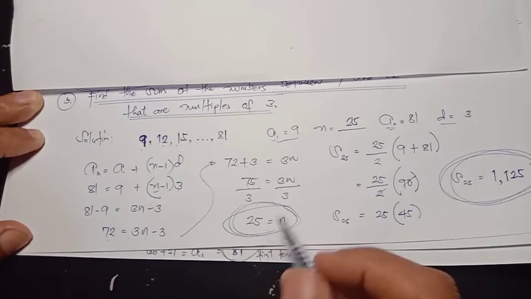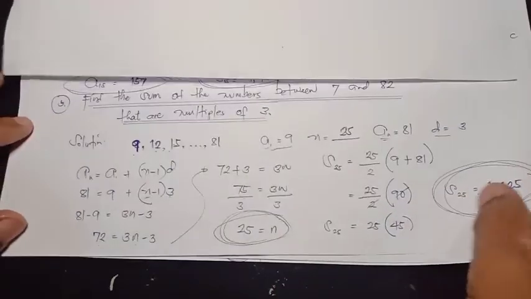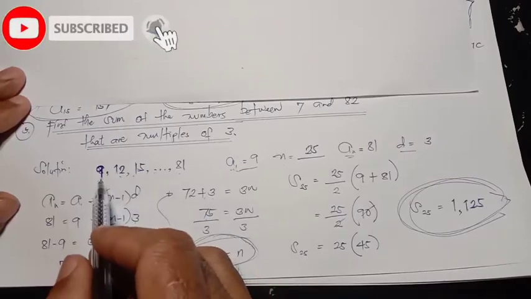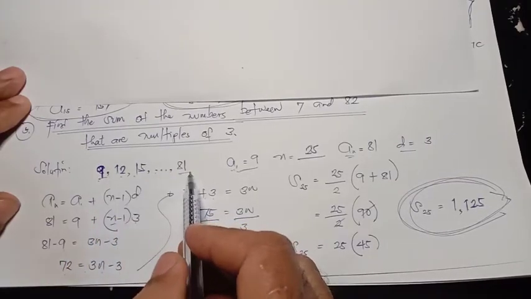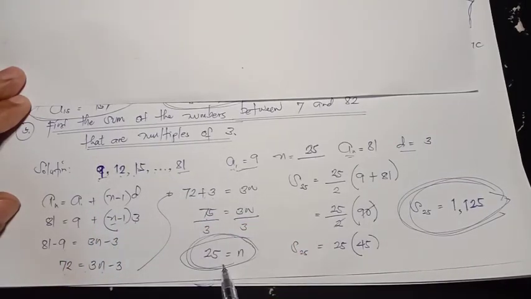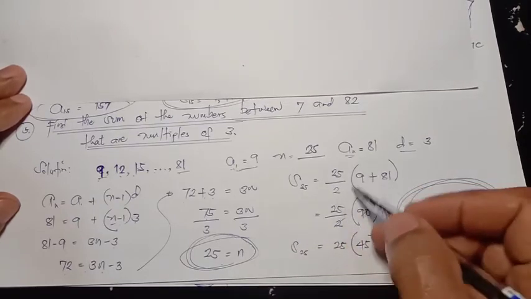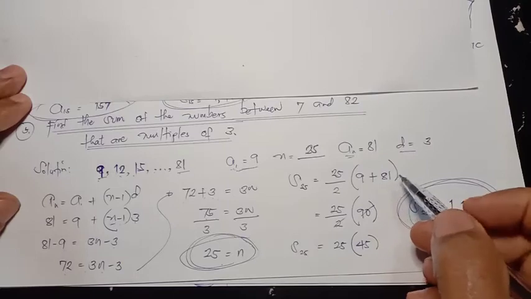So let us use now the formula in finding the sum. Since alam na natin ang first term tsaka yung last term tsaka kung ilang number ng terms, gagamitin natin yung formulang n over 2 times the first term plus the last term.